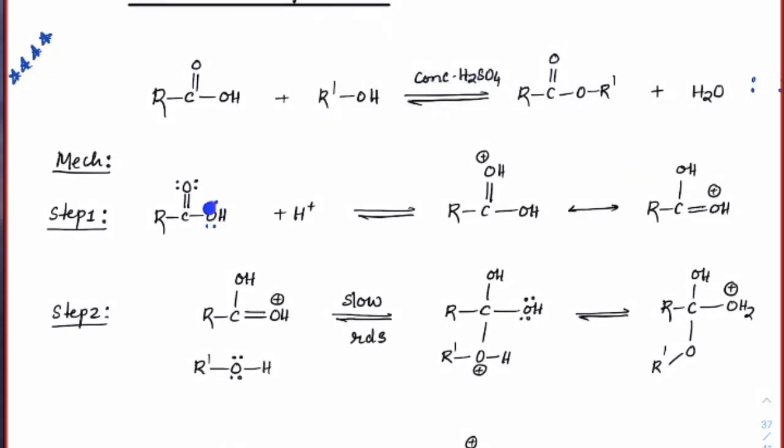Which oxygen has more ability to attack that H plus? See, this lone pair will attack H plus more. First of all, it is localized. Second thing, as you get H plus on it, you will get equivalent resonating forms. You can see these two are the equivalent resonating forms. So this conjugate base will become very stable.